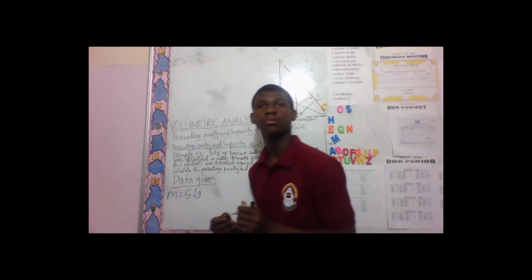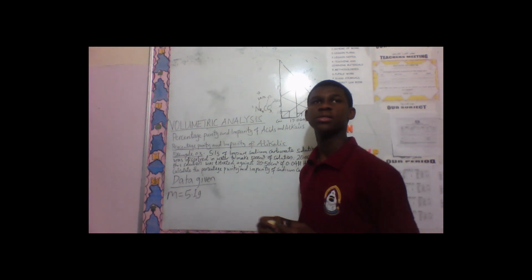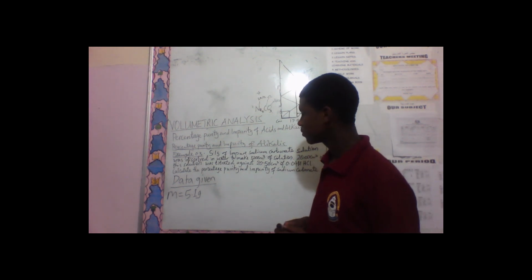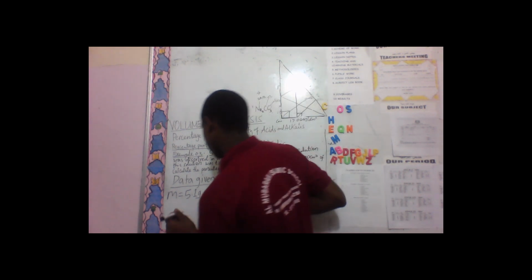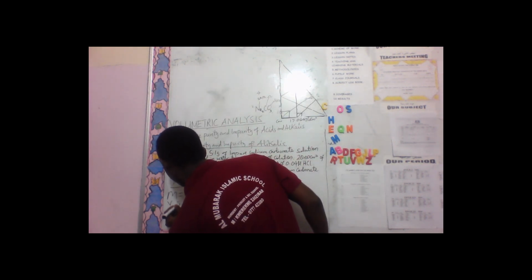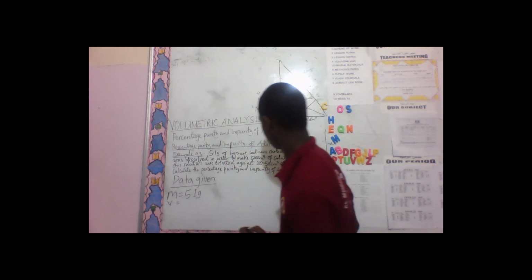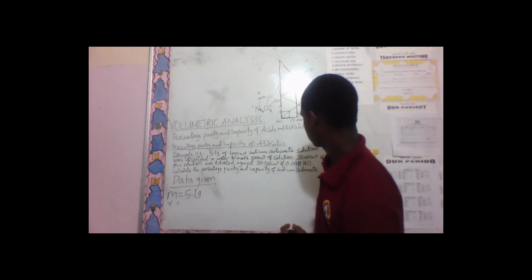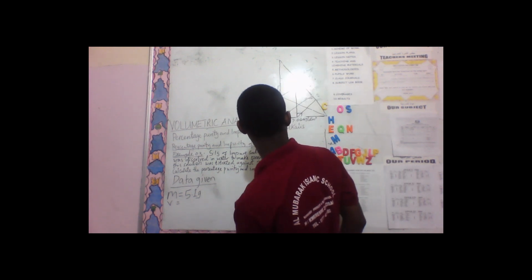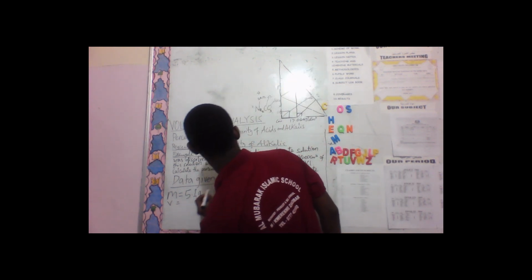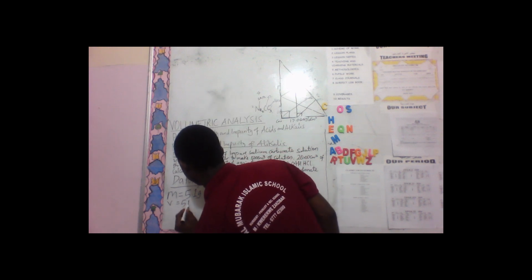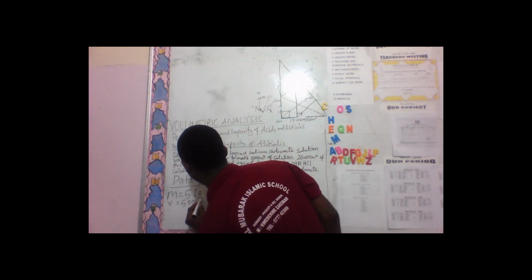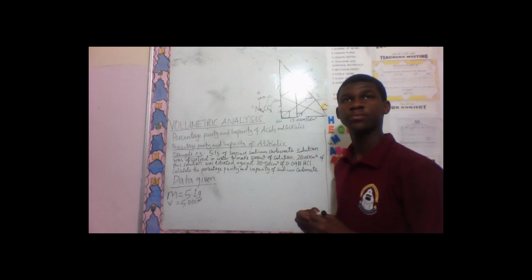The second one is the volume of impure sodium carbonate, that is 500 centimeter cube.